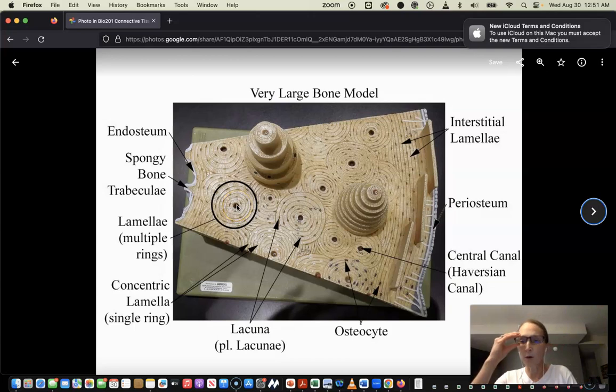So just so you know the difference between interstitial and concentric lamellae, because you'll see those terms. The concentric lamellae are the rings of matrix in an osteon around the central canal, where interstitial lamellae will be this kind of matrix that, sorry, I shouldn't say rings of matrix.